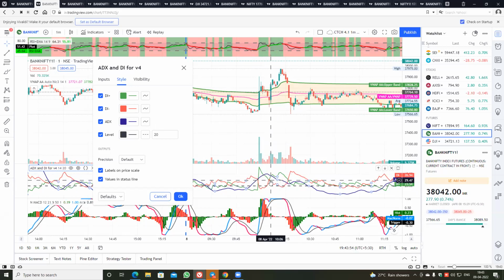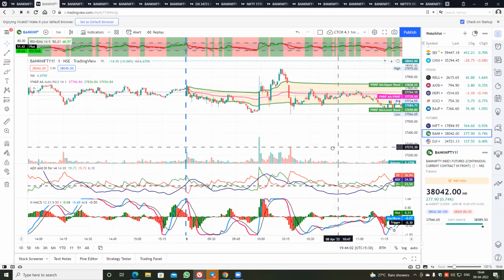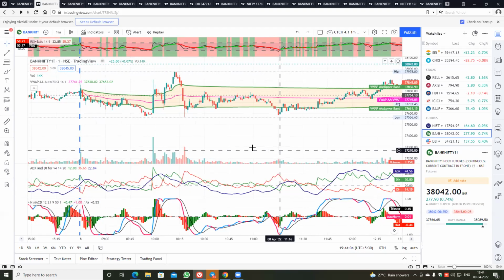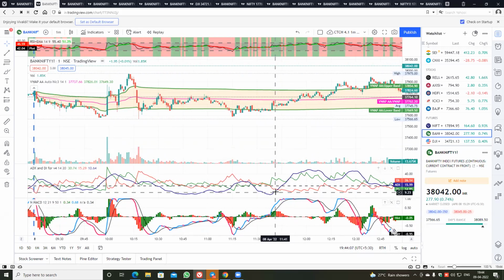And after that, the crossover happened. ADX also went downward, strength lost here. Then again, you can see ADX picked up, went above 20, 25.